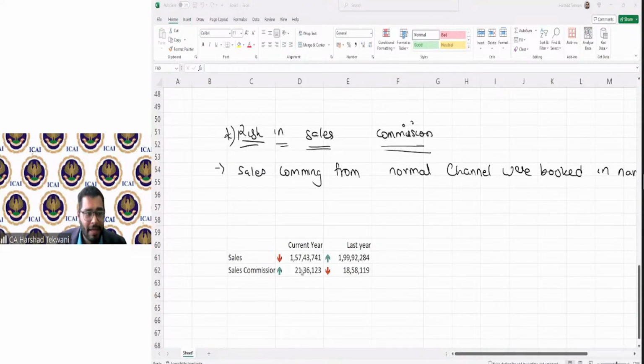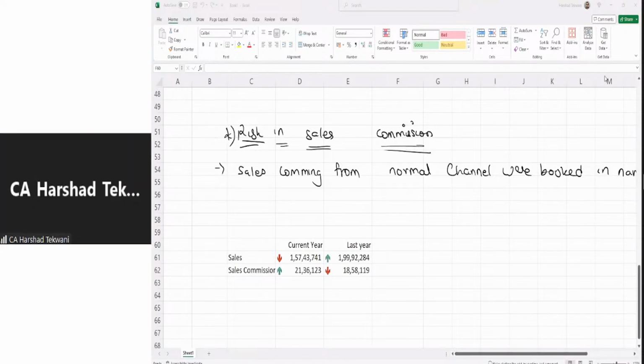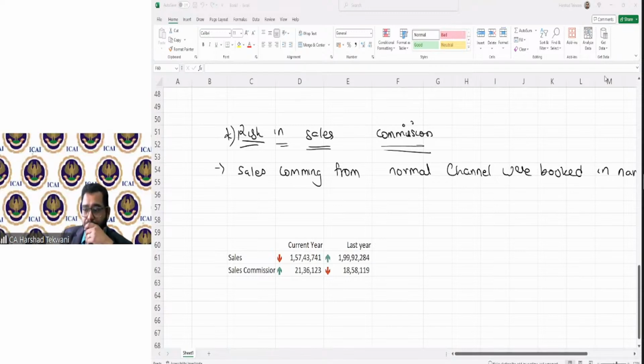What is the issue you are seeing in this particular data? What is the risk? What is the question that you might ask here? Come on, guys. Very good, Kriti.